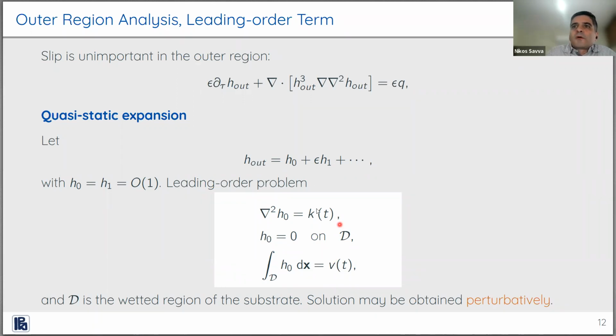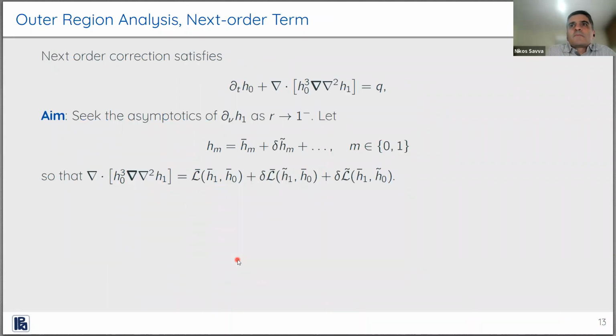Although we can obtain the solutions to this problem perturbatively, for example using separation of variables in the limit of weakly distorted contact lines, we can also obtain this quite efficiently using the boundary integral method. The term that gave us most trouble was the next order correction. Once we get the next order correction, we can actually do the matching.